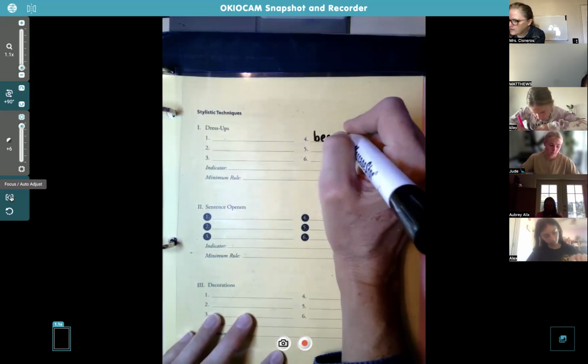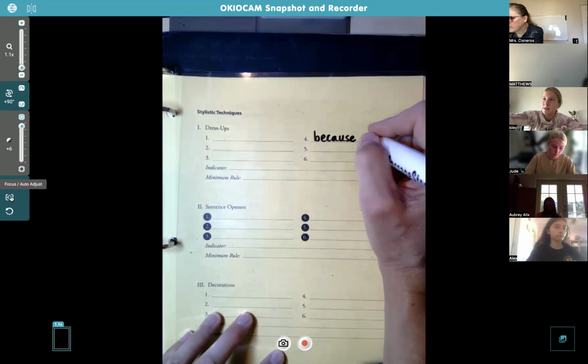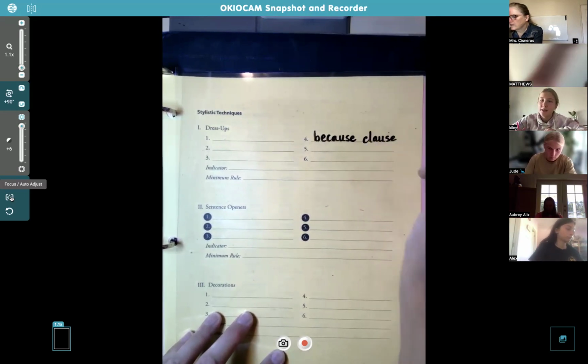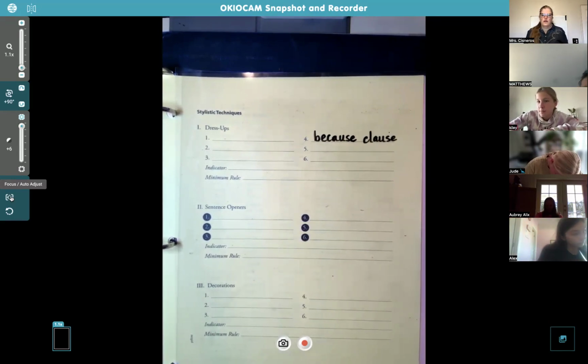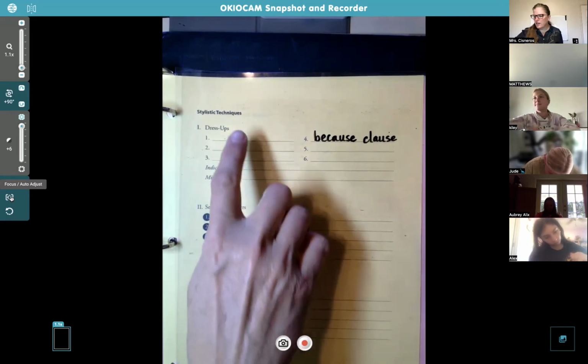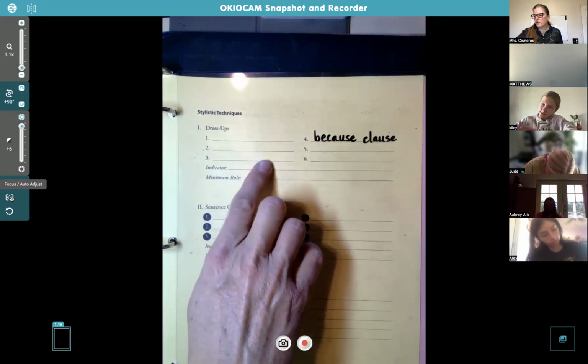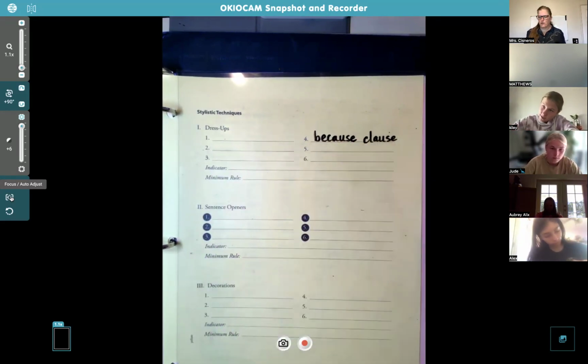Because clause. It's harder when you can't use it at the beginning of a sentence. Sometimes that's true. Sometimes it's okay to use it at the beginning, but English class says no. So you should have ly adverb, who which, strong verb, and we're adding because clause on number 4.